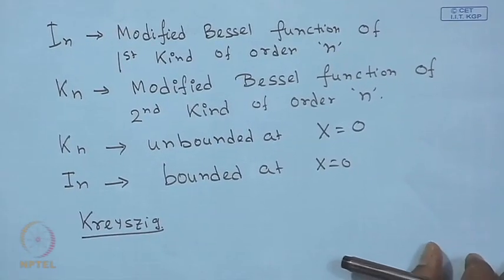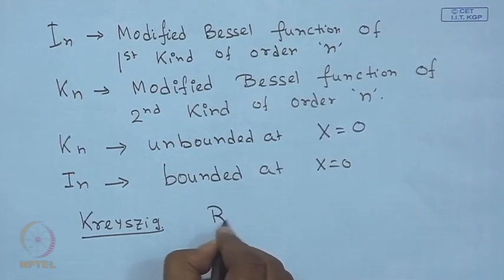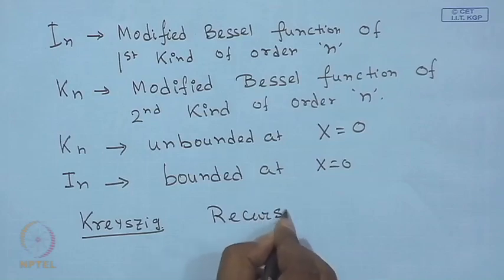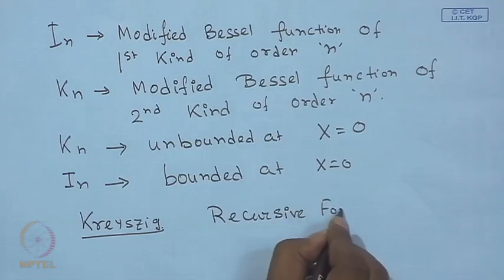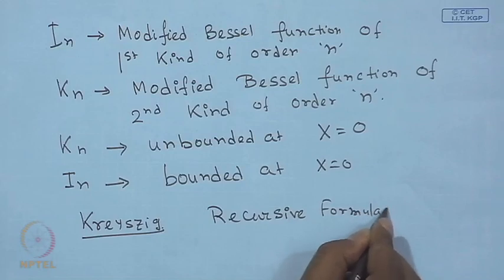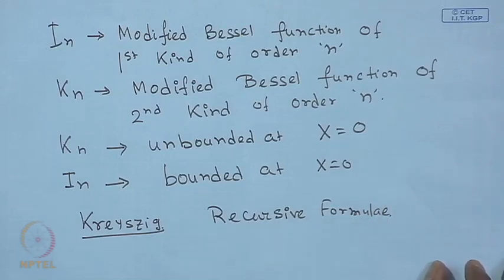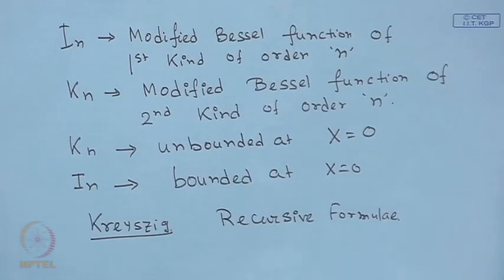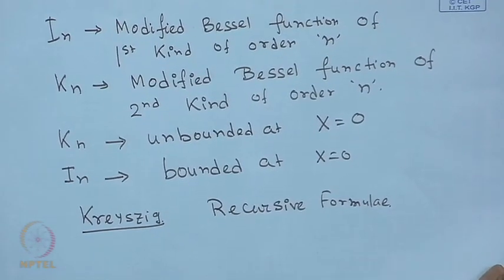Their recursive formulas are available to connect them up. The differential of the Bessel function and the differential of the modified Bessel function are all available in any standard textbook of mathematics of the first year level.